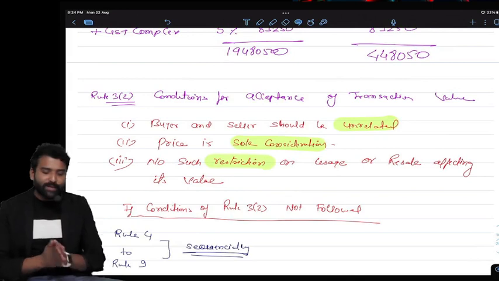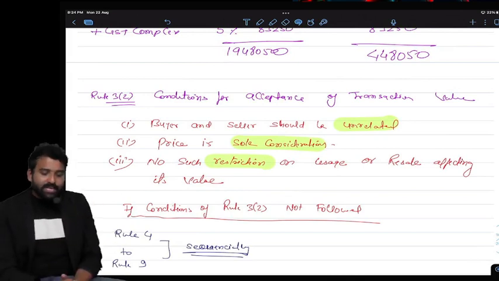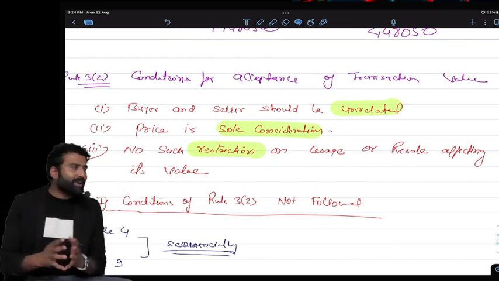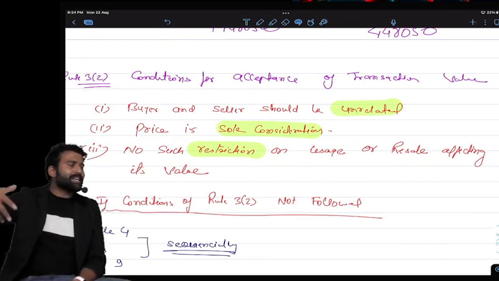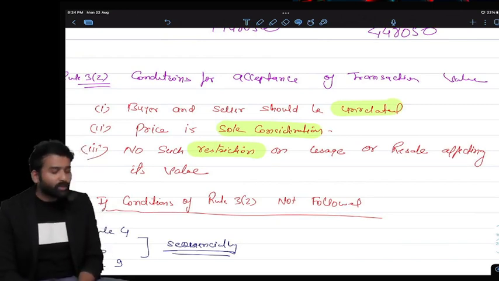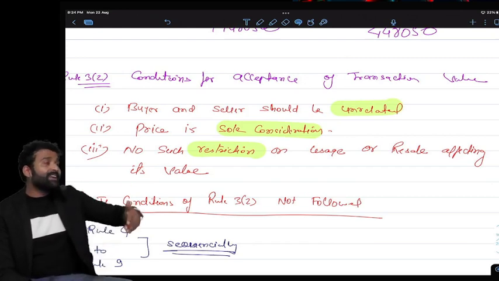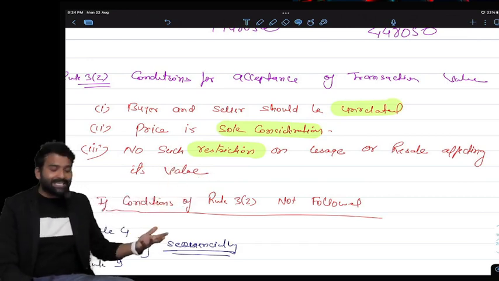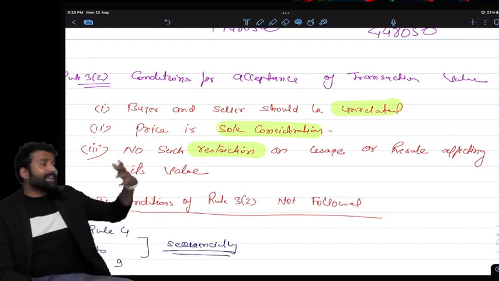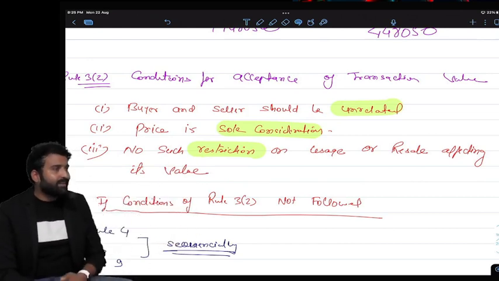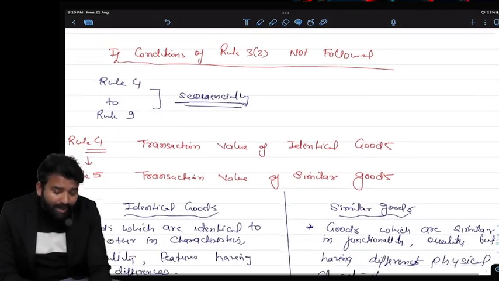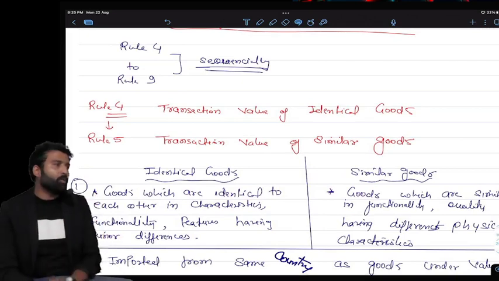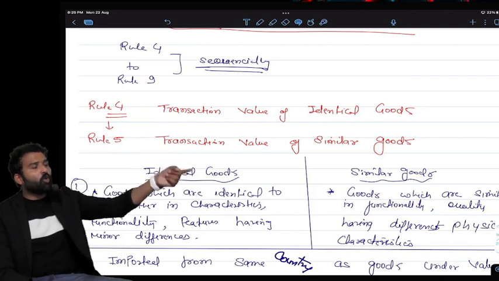Now listen very carefully. The valuation we have studied will not apply if something other than the price has been taken. For example, a lot of guys were asking me, sir, if there are some other sales proceeds, there is some royalty and we are not able to calculate the value, then what will happen? What if the party from whom I am importing is my holding company, a related party transaction? What will happen in that case? There are some restrictions, that is why the transaction value is not right. Then what will happen in all these cases? If my transaction value is not genuine, I have to go for other import valuation rules, starting from rule 4 to rule 9.